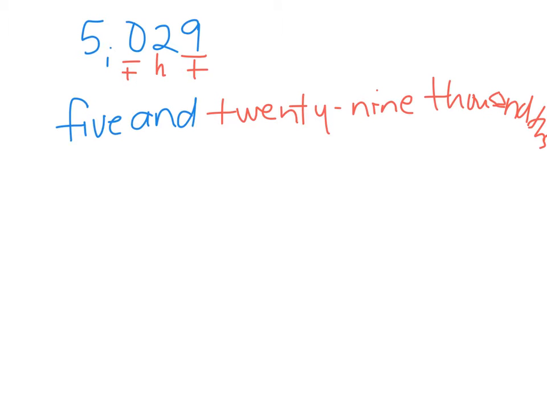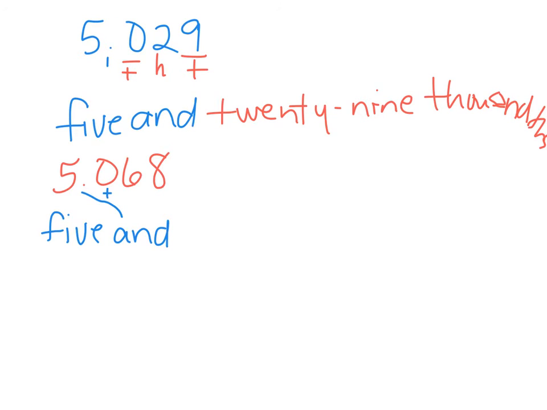Okay, let's try another one. What would 5.068 be? How would you write that? We would say again 5 and we are 3 spaces over, so that's the same thing. That's tenths, hundredths, and thousandths. And so we have 5 and 68 thousandths.